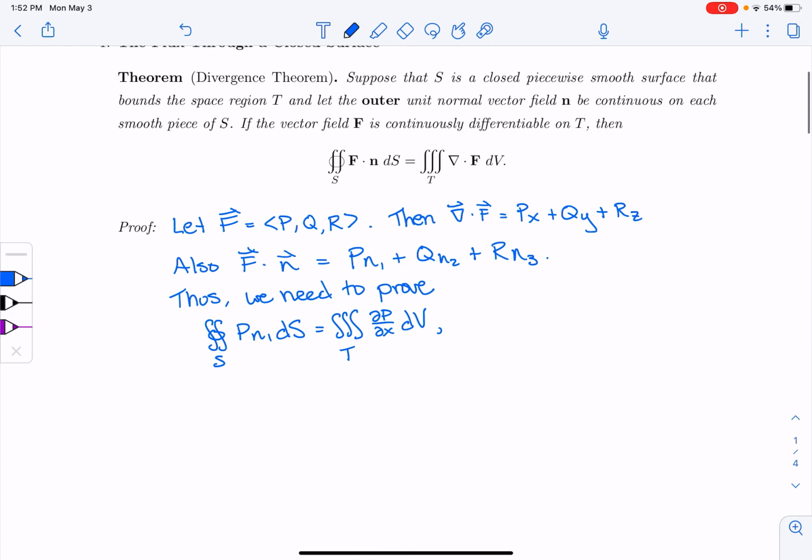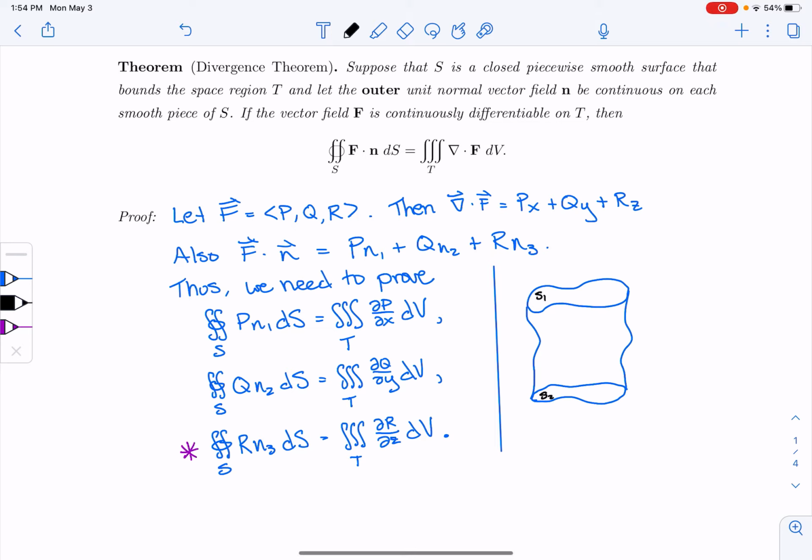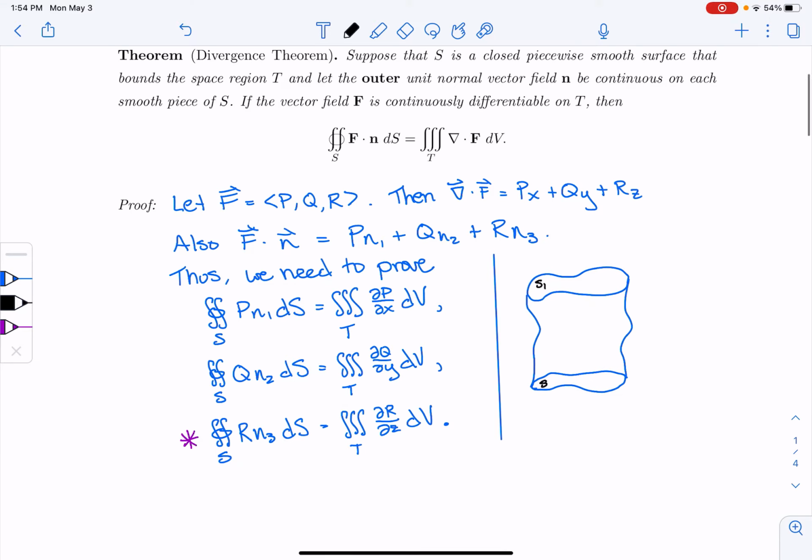And here, there's going to be a top, a bottom, and then kind of the lateral side.